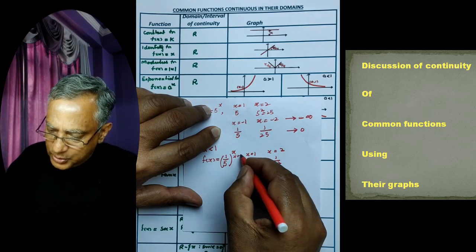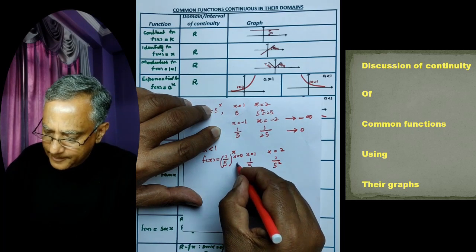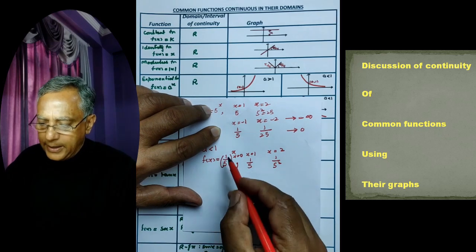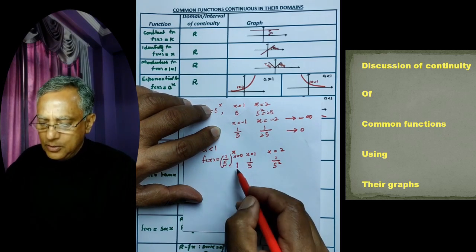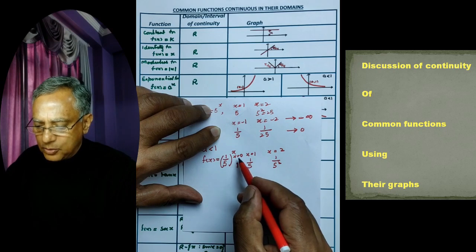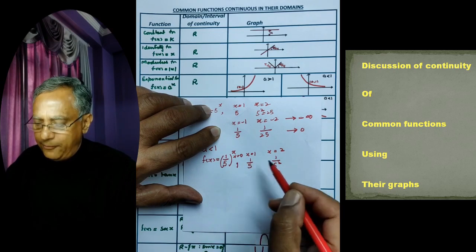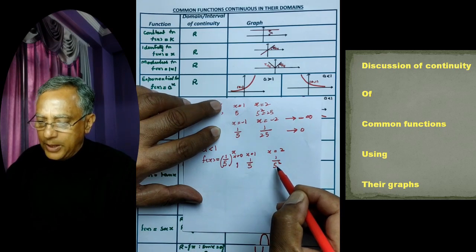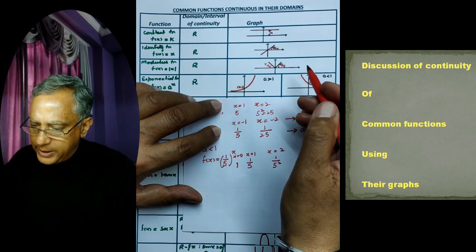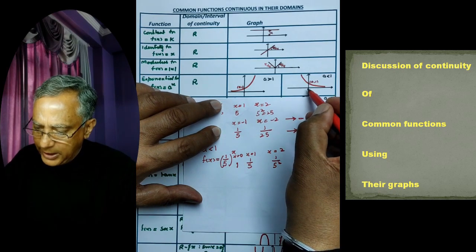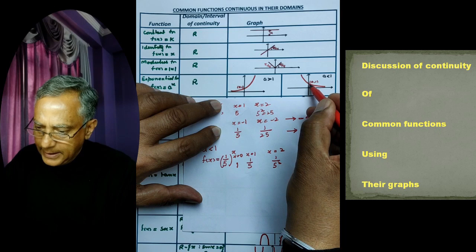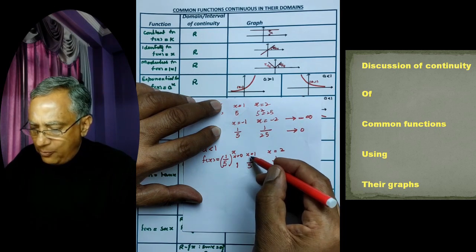At x equal to 0, the value of the function will be 1, as anything to the power of 0 is 1. So we notice at x equal to 0, the value is 1. At x equal to 1, it will be 1 by 5.